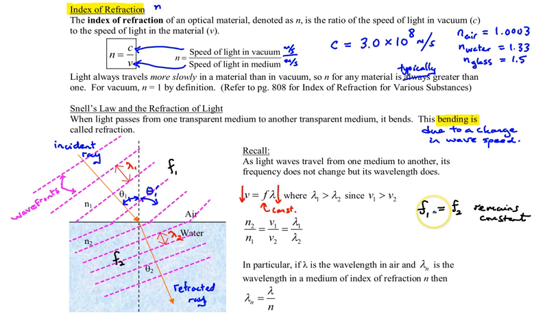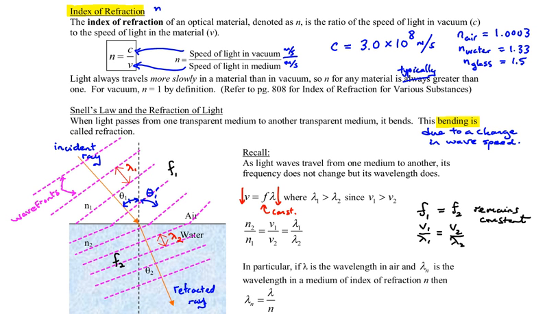Since the frequencies are equal to each other and frequency equals speed over wavelength, you could rewrite the left and right side of this as v1 over lambda 1 equals v2 over lambda 2. And then looking at our definition for the index of refraction, where n is equal to c over v, if we rearrange for the velocity, we get v equals c over n.